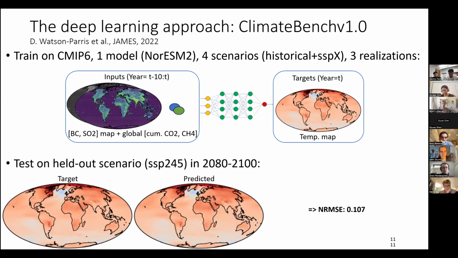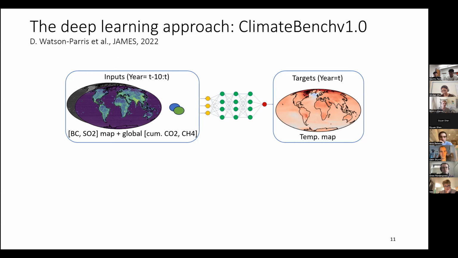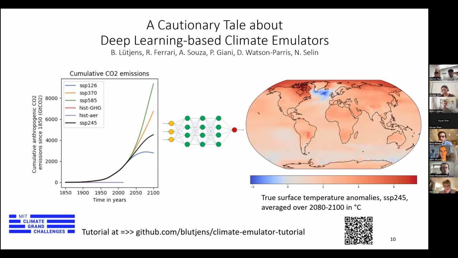And then this model is trained on, going back here again, I'm plotting the cumulative CO2 emissions over time, just one of the input variables. You can see there are 5 different scenarios. These are the socioeconomic pathways that are used in CMIP6.